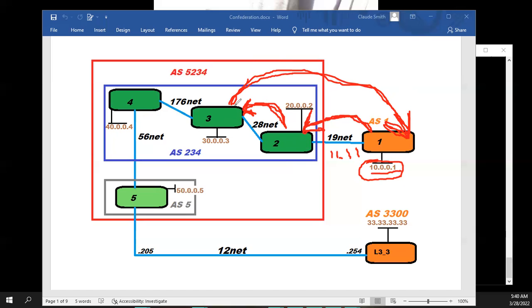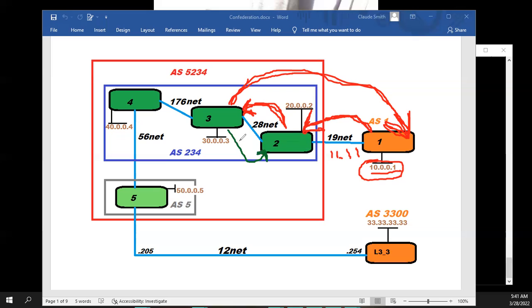So you learn that in the IBGP environment, to get over that hurdle, you have to use a command where router number 2 tells router number 3, the iBGP speaker, hey, if you want to get to autonomous system number 1, this external speaker, what I want you to do is send your traffic to me.